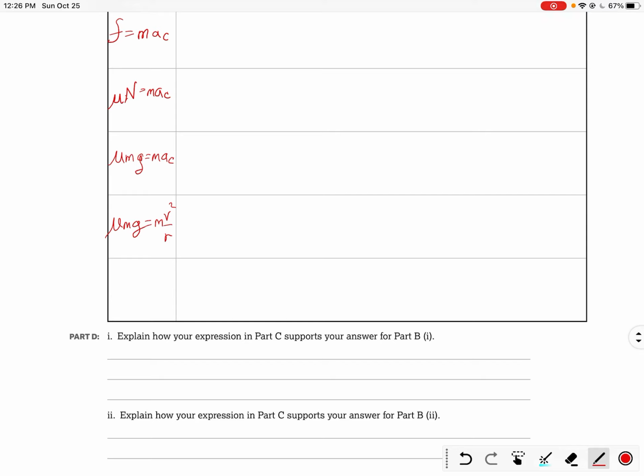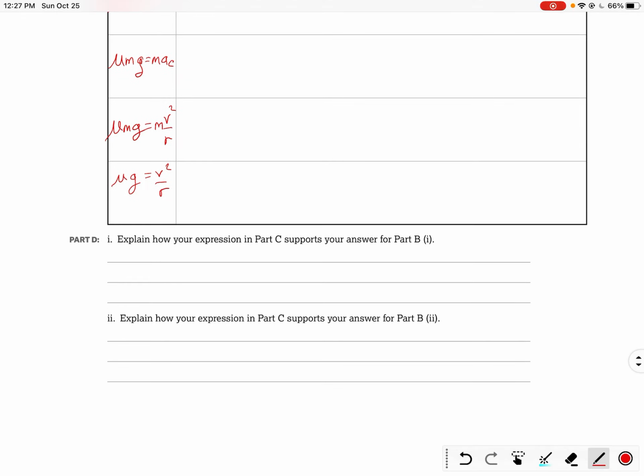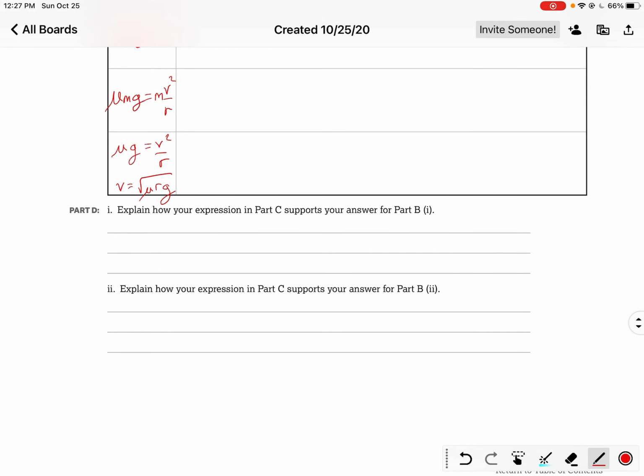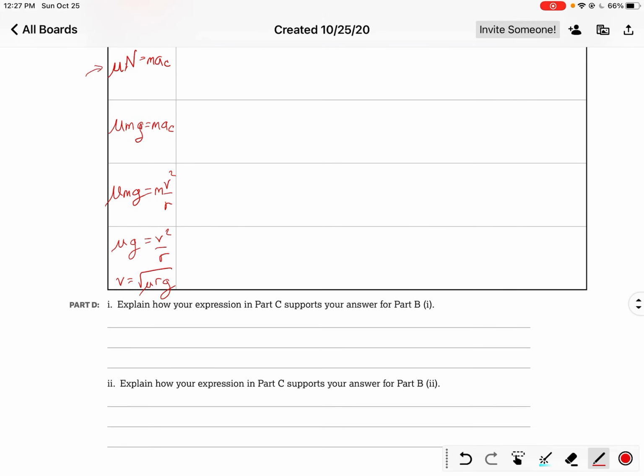And then we can cancel the m's on both sides, so we get mu g equals v squared over r. And then we have, again, a solution that is simply v equals the square root of mu times r times g. So again, that's the maximum speed that the car can travel around that circle, because this is the maximum static frictional force.